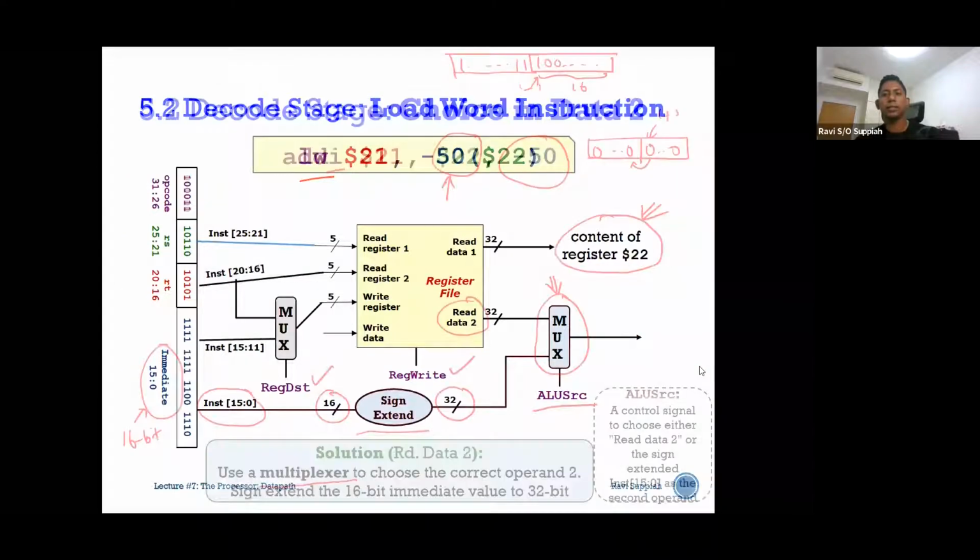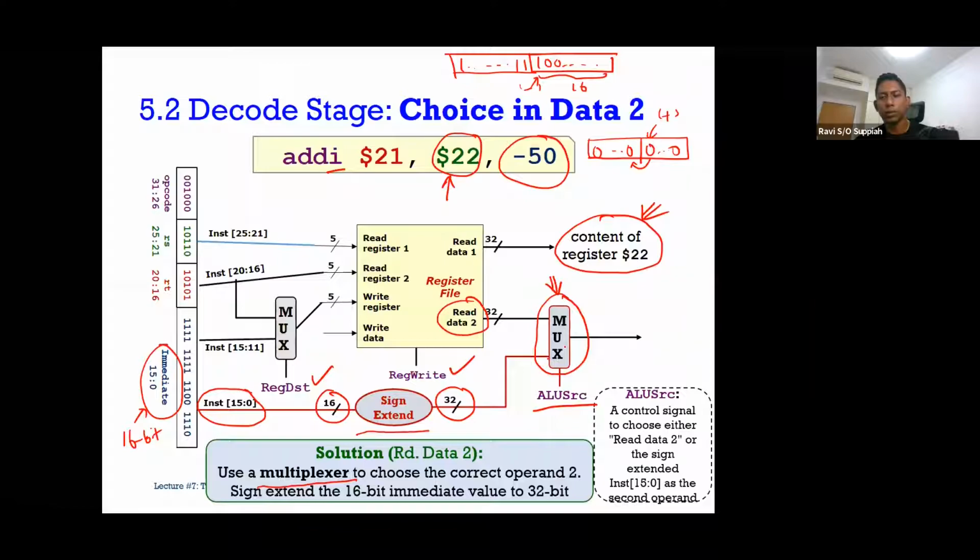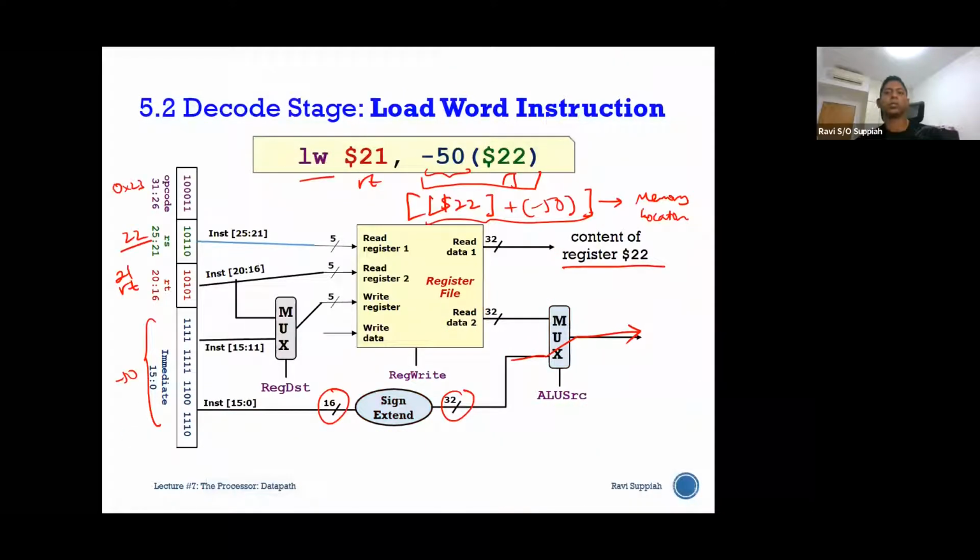Exactly the same as over here. We will channel this data out. We will not take the read data too. We will take the immediate value, which is sign extended, to go to the ALU stage. So we have not done the addition yet, but you can see that the first part, where the data comes from, is the same in the add immediate instruction and this lower instruction.